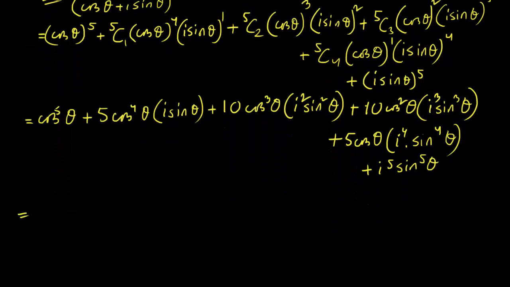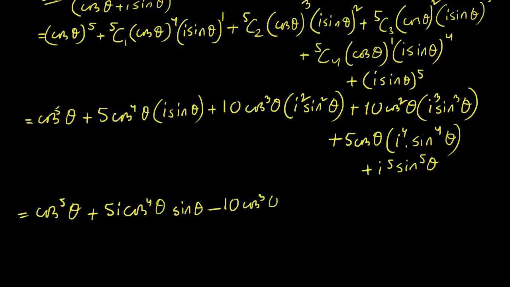Now let's further simplify this. So this is going to be cos to the power 5 θ plus 5 into i is 5i cos to the power 4 θ sin θ. Now i squared is minus 1, so 10 into minus 1 is minus 10 cos cubed θ sin squared θ. Now i cubed is going to be i times i squared, which is minus i.